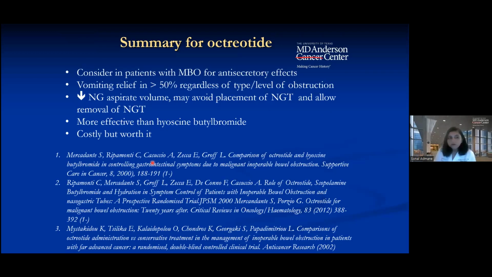So really the take-home message is that it doesn't have to be the first agent, but if you do not get relief with first-line agents for nausea, vomiting, and bowel rest, IV hydration, if it doesn't resolve, then octreotide is a drug to consider. It is an expensive drug, and that is why we do not recommend it as the first-line agent for malignant bowel obstruction, and we still recommend that you give the first-line agents a try and then move on to this if symptoms are unrelieved.